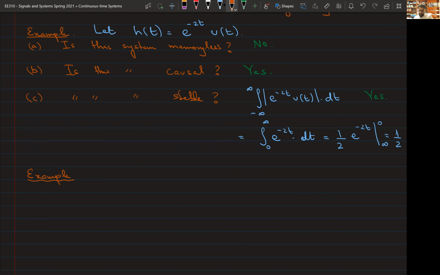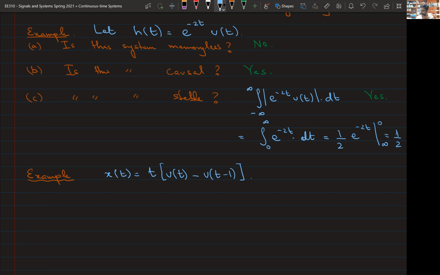Okay. So here's the problem statement, right? So you're given x of t, and that x of t is equal to t times u of t minus u of t minus 1, right? Something which looks similar to the midterm problem, right?